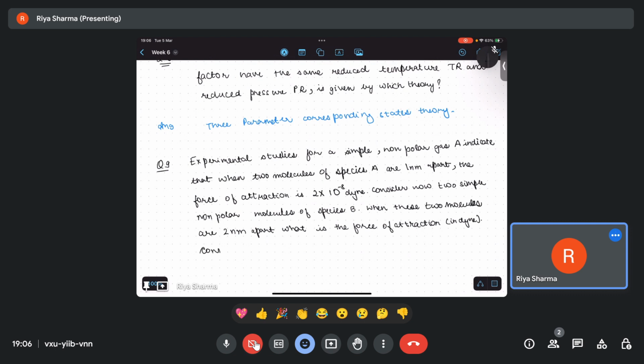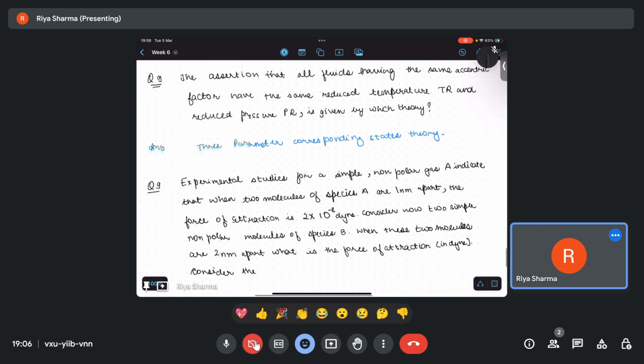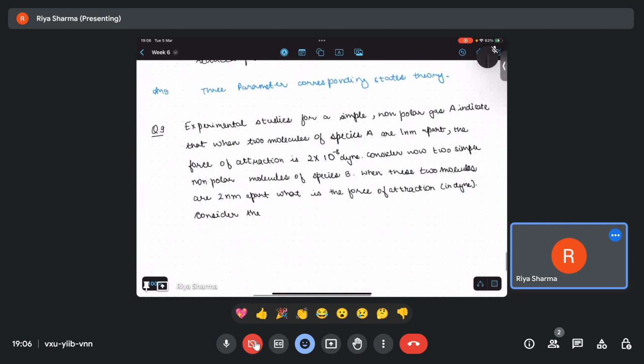Consider the general function to be the Lennard-Jones potential.